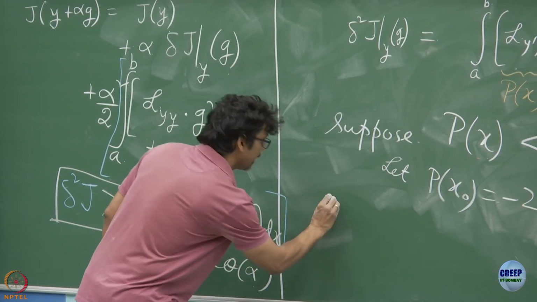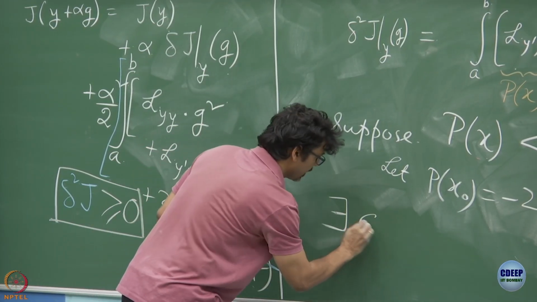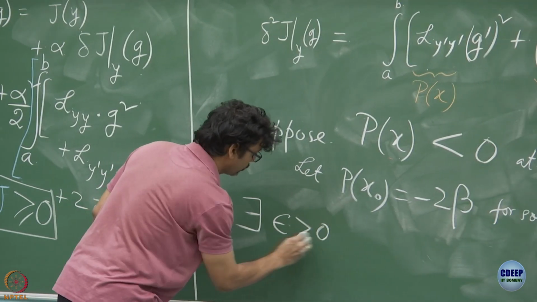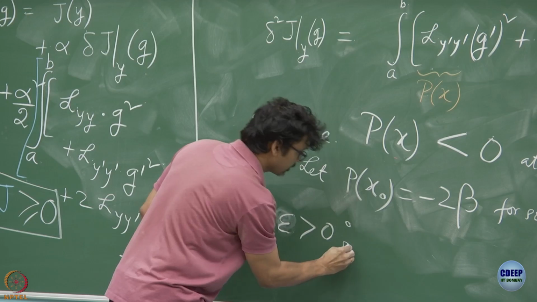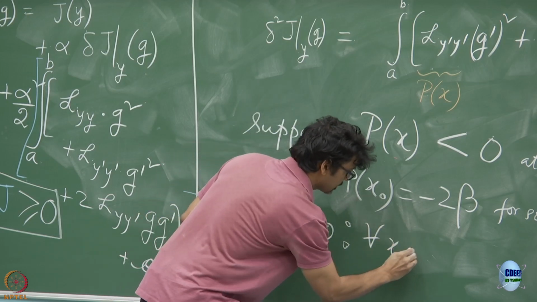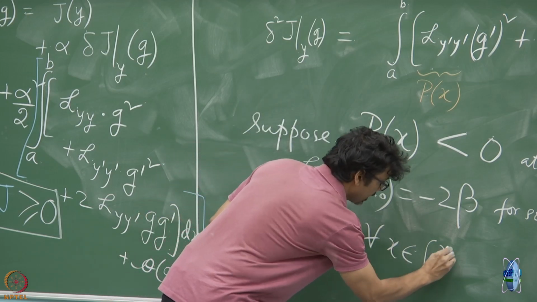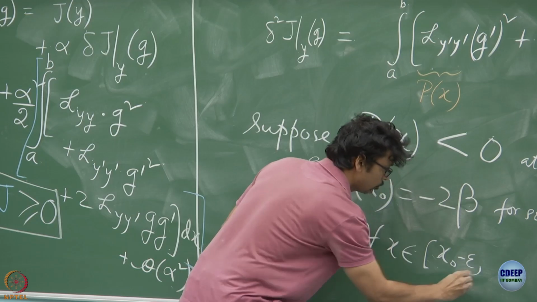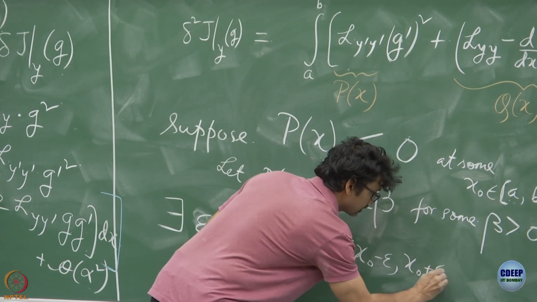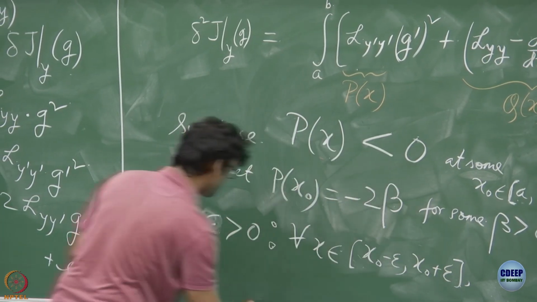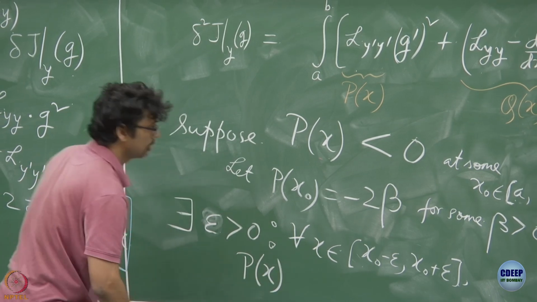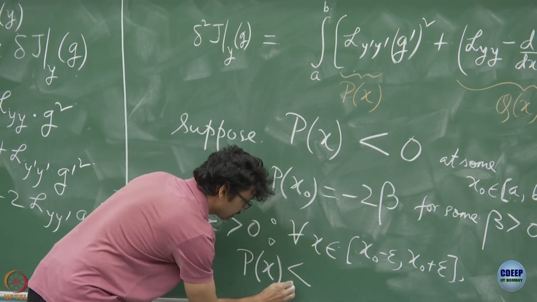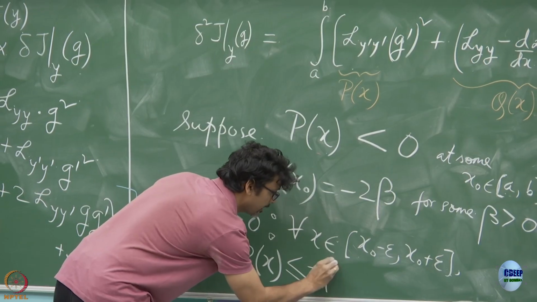So there must exist epsilon greater than 0 such that for all x belonging to x naught minus epsilon to x naught plus epsilon, P of x is still less than or equal to minus beta.